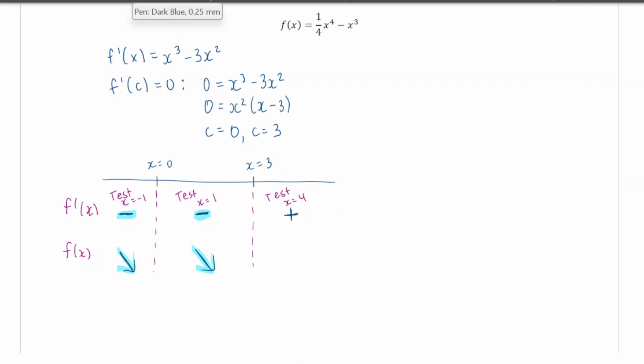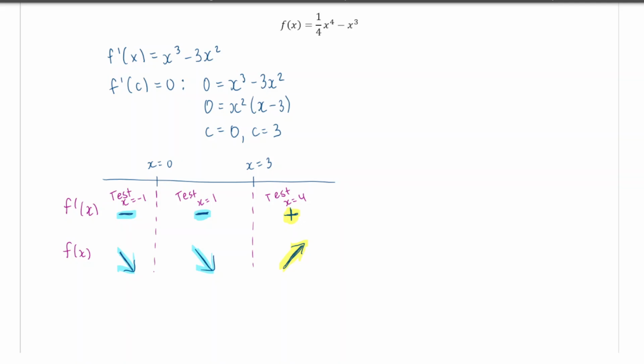And in this last section, where I tested a number larger than 3, the derivative was positive, and so that means my graph is going to be increasing in this region, and it's going to have that kind of shape to it.